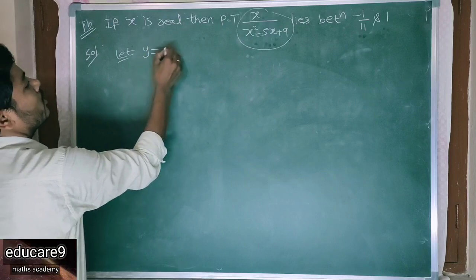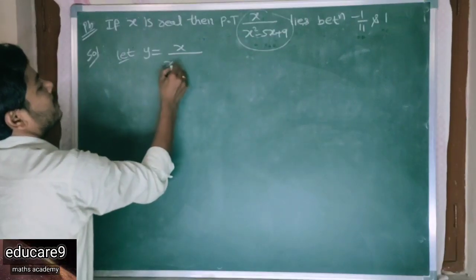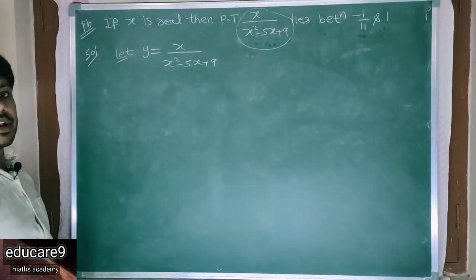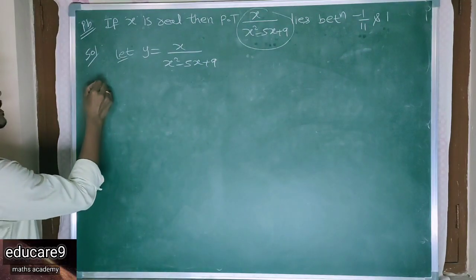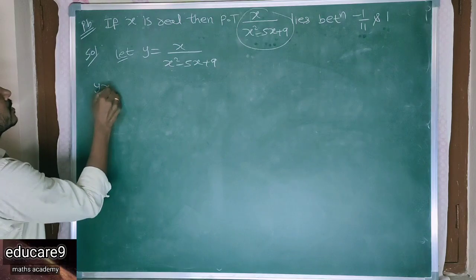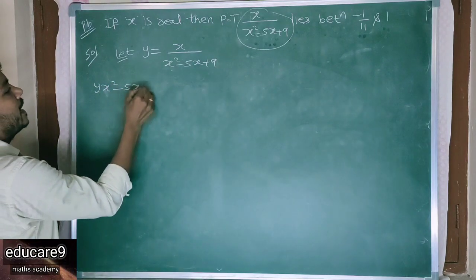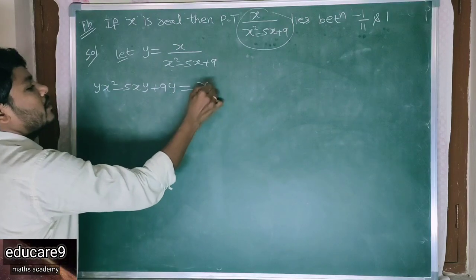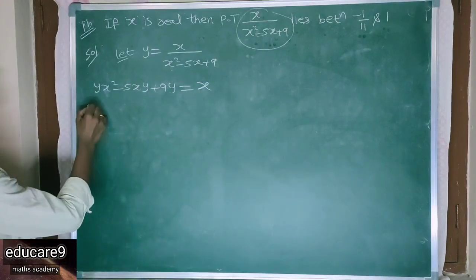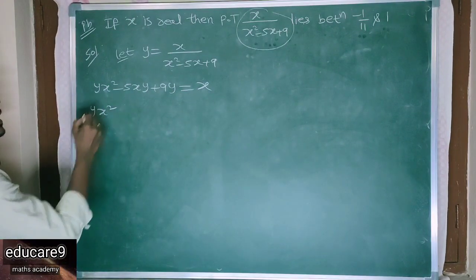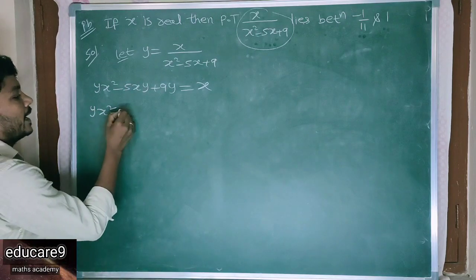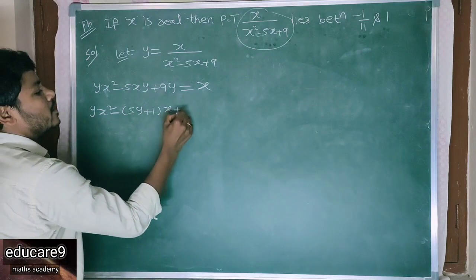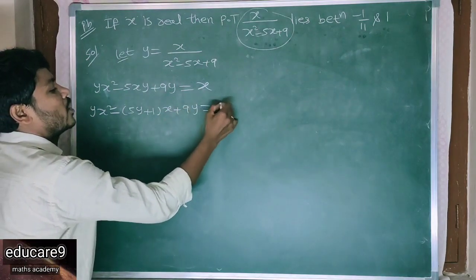Let y be equal to x by x square minus 5x plus 9. Now cross multiplication, you get yx square minus 5xy plus 9y is equal to x. Again this is yx square minus of 5y plus 1 of x plus 9y is equal to 0.